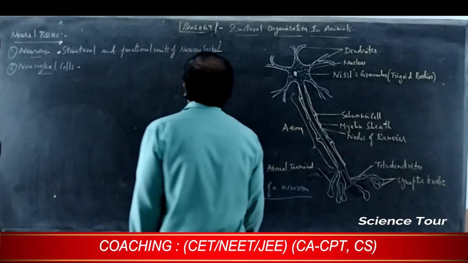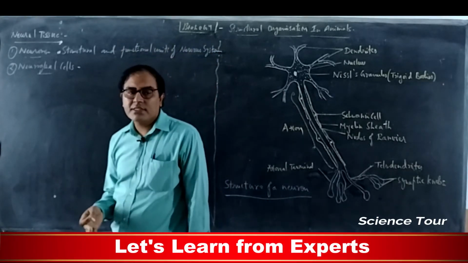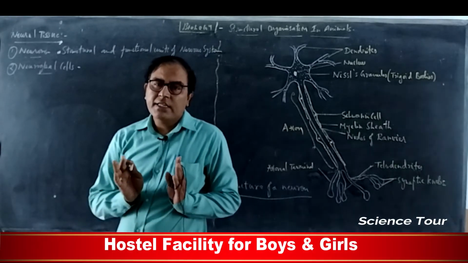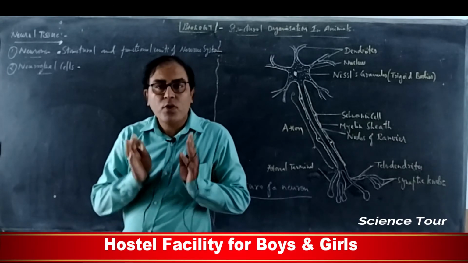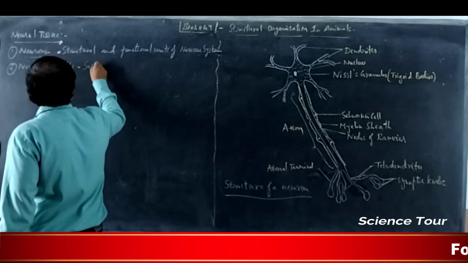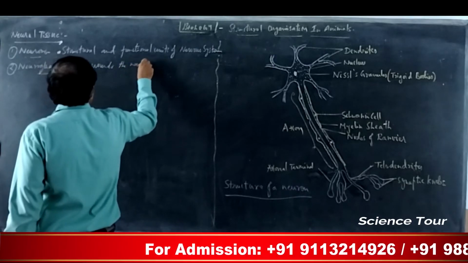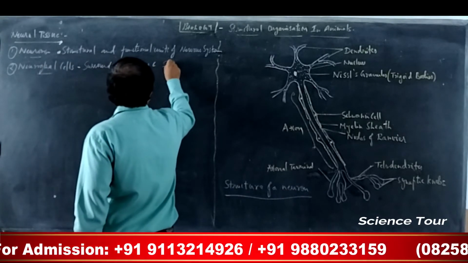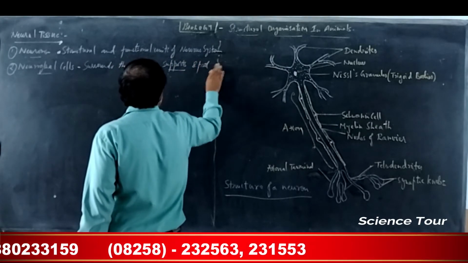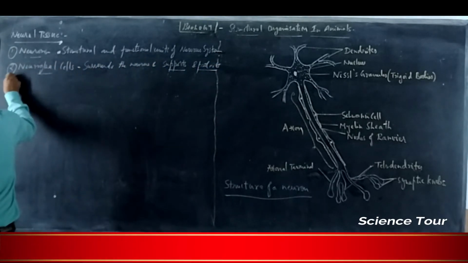Now, what are neuroglial cells? The neuroglial cells surround these neurons, and they support and protect the neurons.